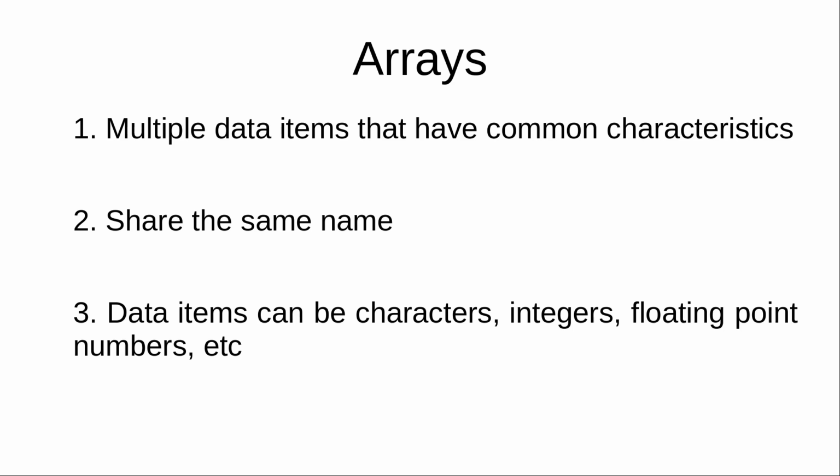And then data items can be characters, integers, floating point numbers, etc. In the examples that we looked at, the data items were of type integer, but arrays are not limited to integers. It can be characters, integers, floating points, or any other data type. Okay, so that was just an introduction to arrays, and in our classes we'll work out some examples with arrays. Okay, thank you.